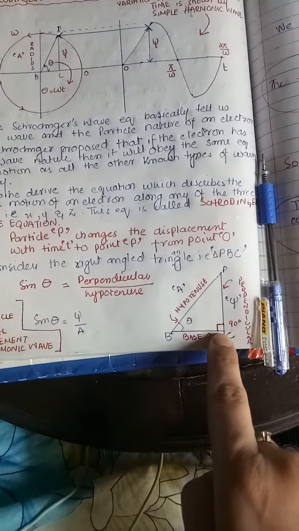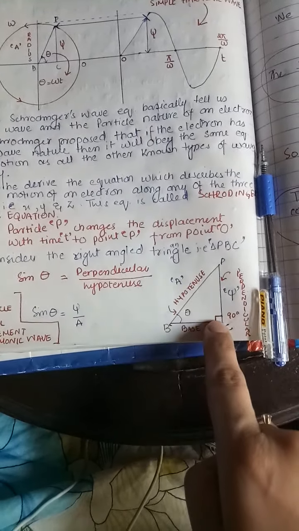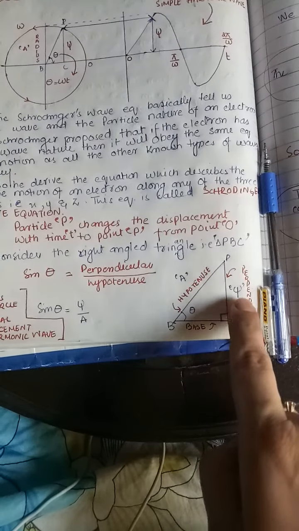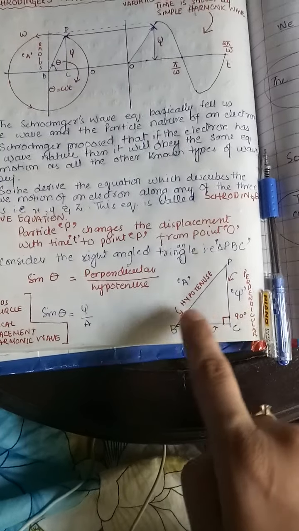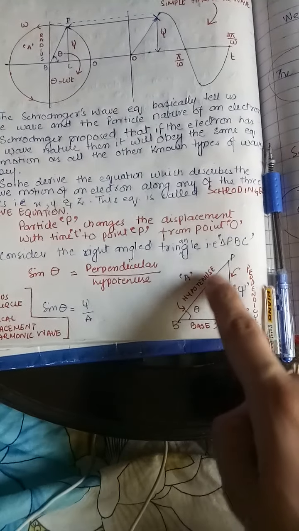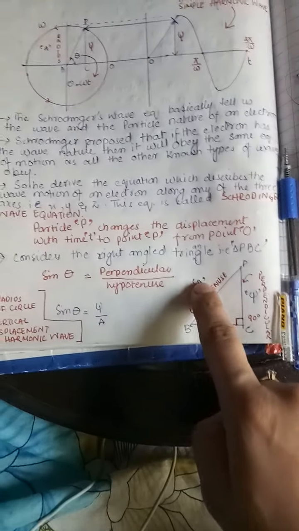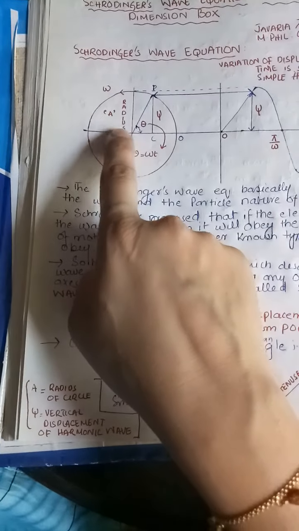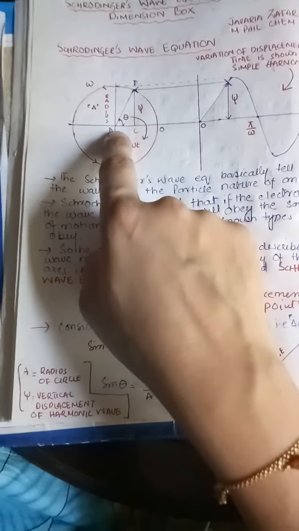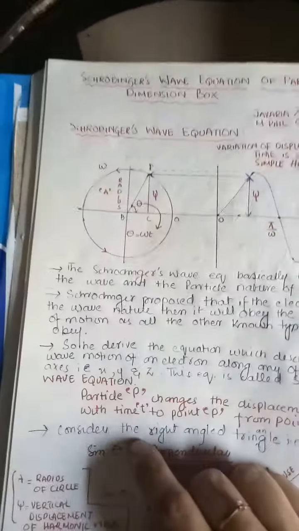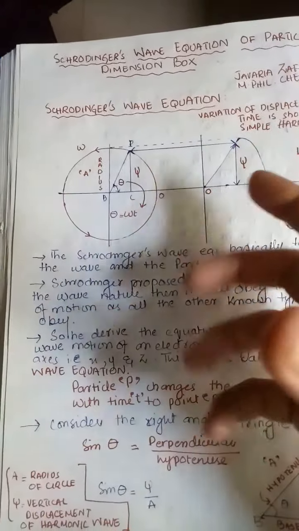The perpendicular of this right angle triangle is equal to psi, and the hypotenuse of this triangle is equal to A. This A is the radius of the circle, and the circle is the path of the particle in which it changes its displacement with respect to time.